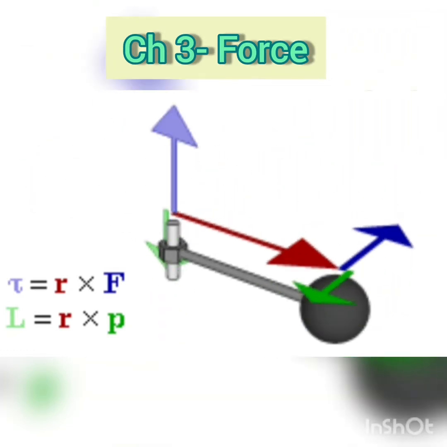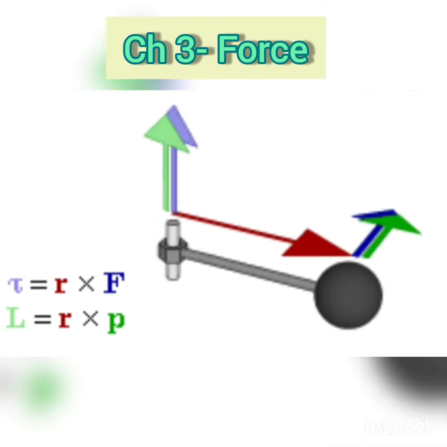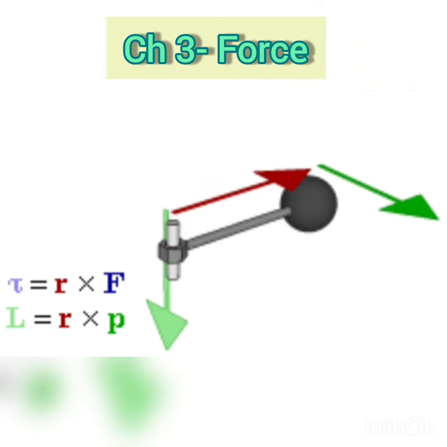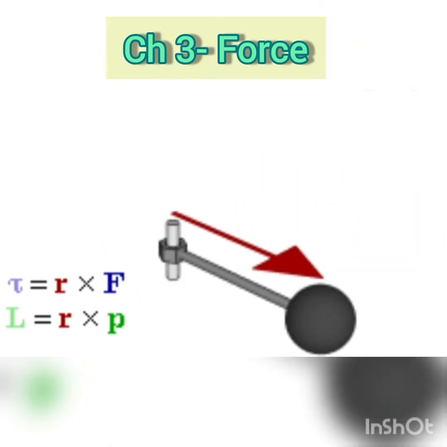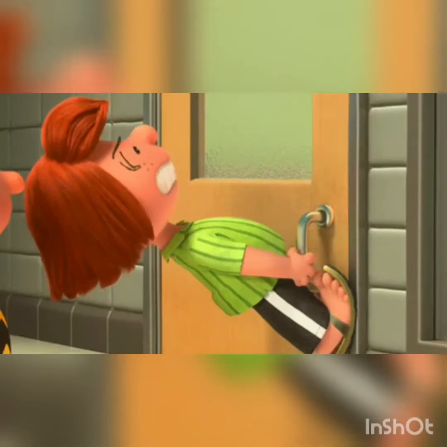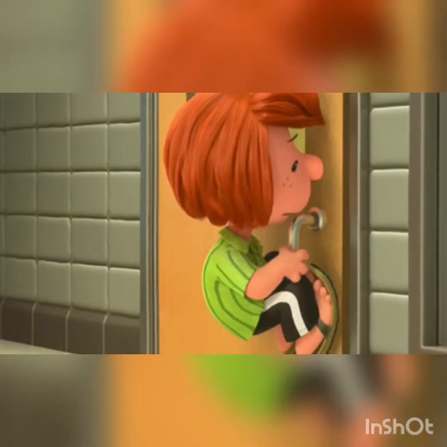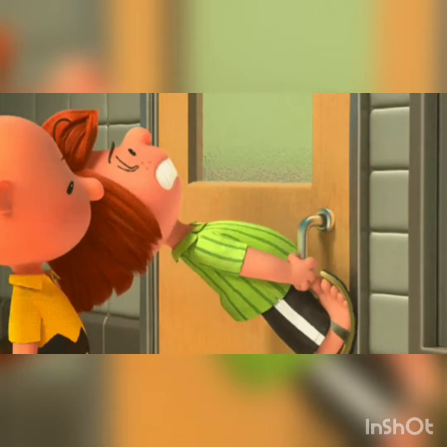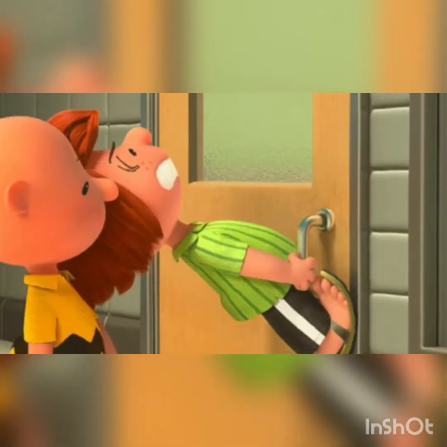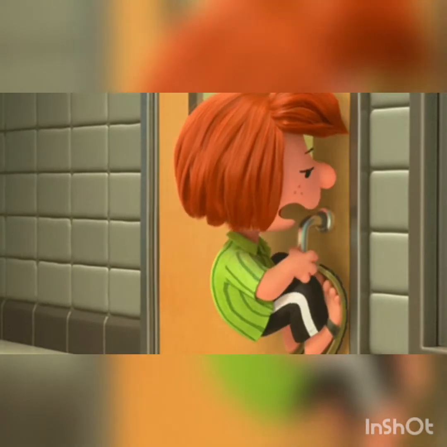Today, our topic of discussion is the turning effect of force, which is known as torque. Forces can make objects turn if there is a hinge. You must have noticed how a door turns to open when you push it.